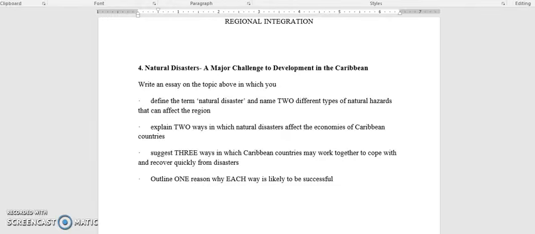Okay, don't give me your answers yet. Before you give me your answers, I want you also to write two different types of natural hazards that can affect the region.